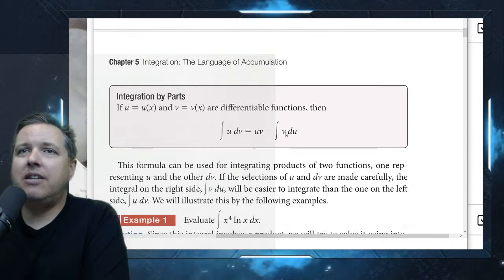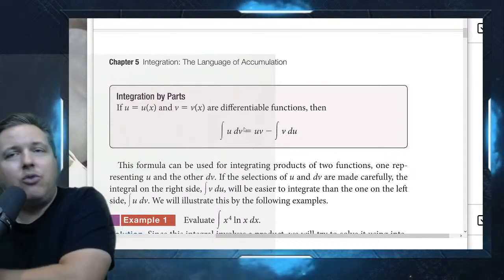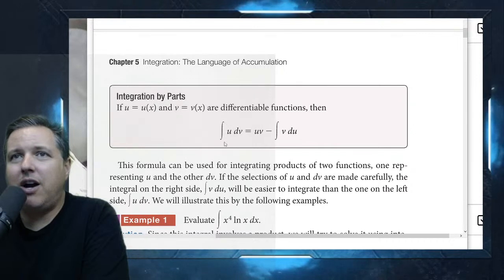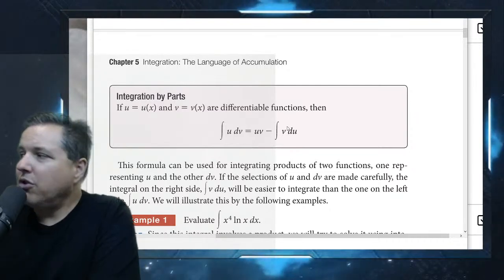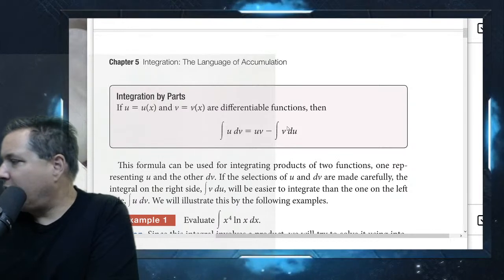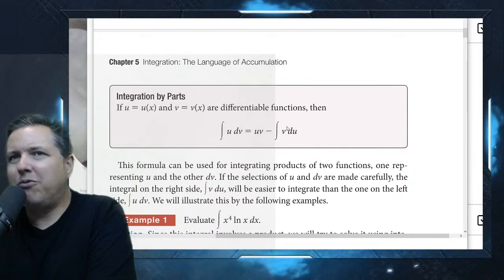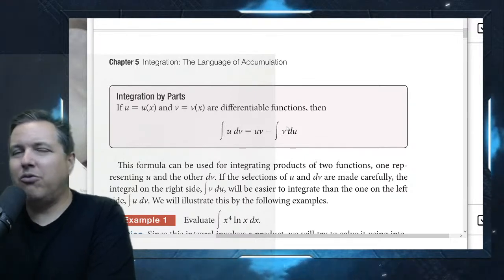So the key is, the reason we use this is, what if we have something here in the integral that's really complicated to calculate, but this integral would be easy to calculate? Because notice when you look at the formula, it seems like the right side of the formula is harder than the left side. You're like, well, on the left it's just u dv, and on the right it's like uv minus the integral of v du.